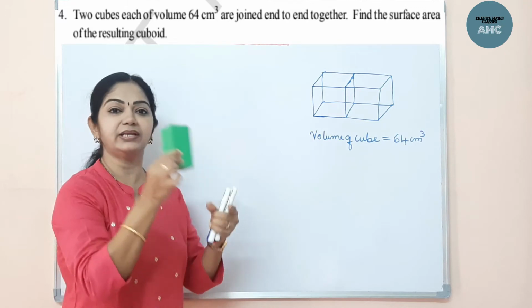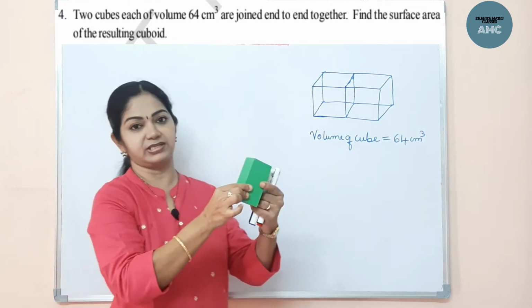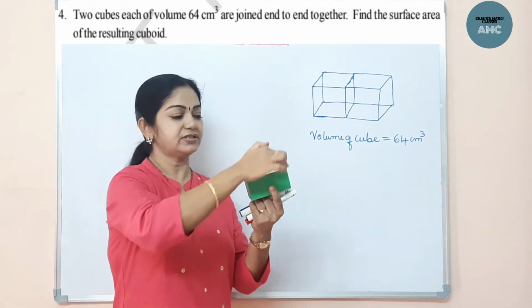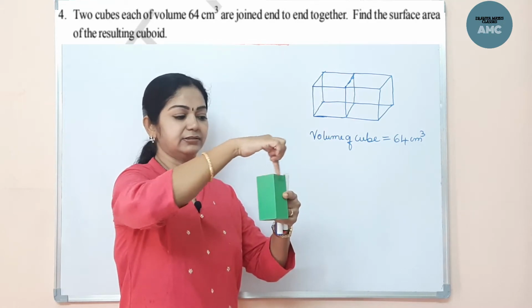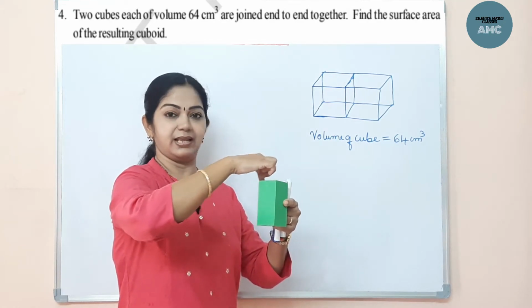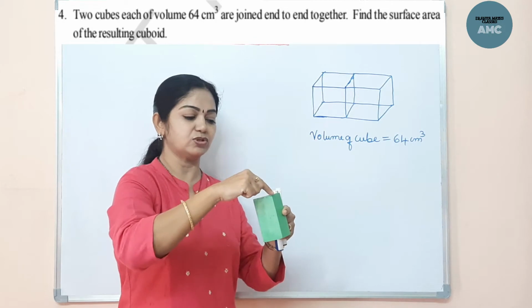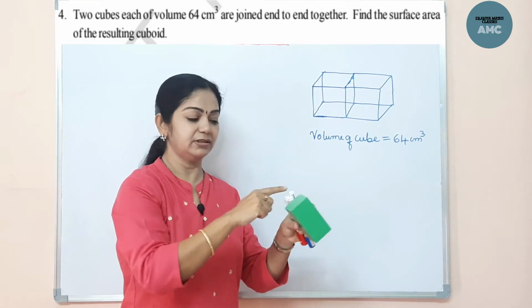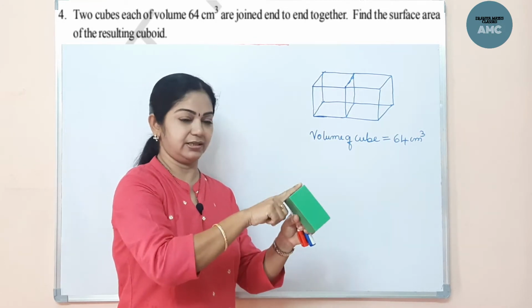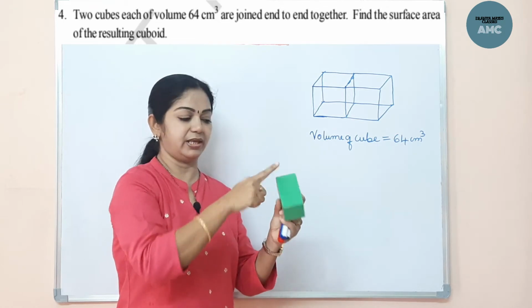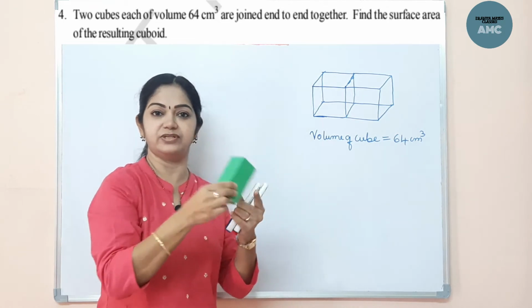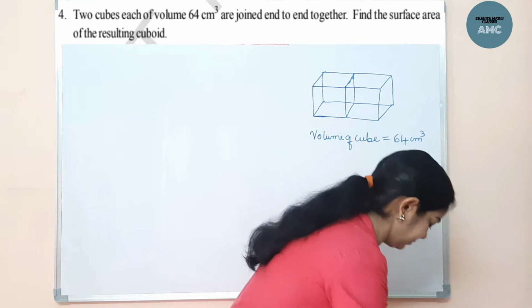Now we have to find the surface area. Now how do we find the surface area? Here, if you see, we can find this LSA part and also the area of these two squares, as well as the LSA of this combination. Now let me write it down.